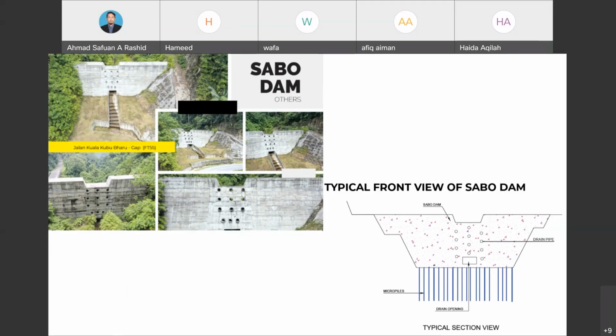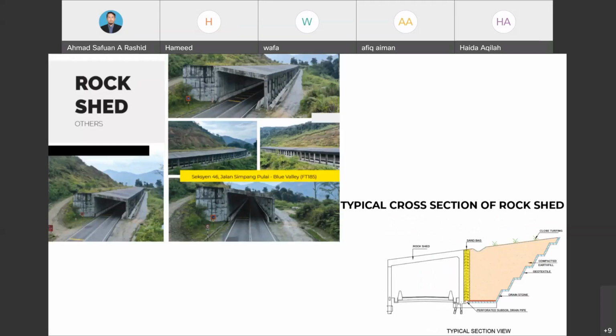If we put in a lot of money, we can definitely have a very good retaining or improvement structure. In my case, I have experience designing retaining walls and soil nailing. So it depends on the case. This is a rock shed, to prevent any rock fall from the top.